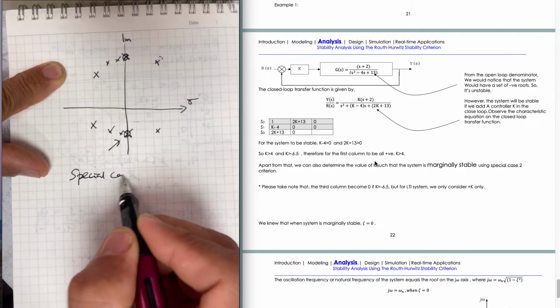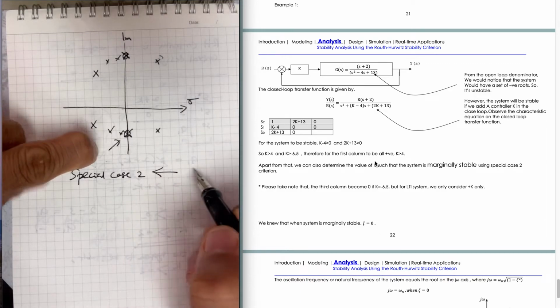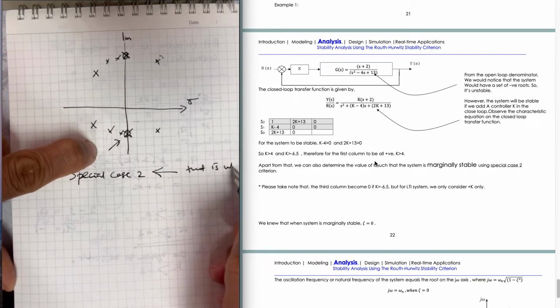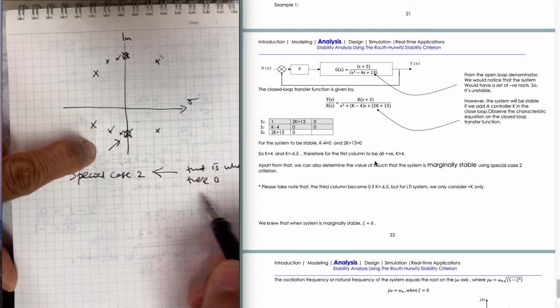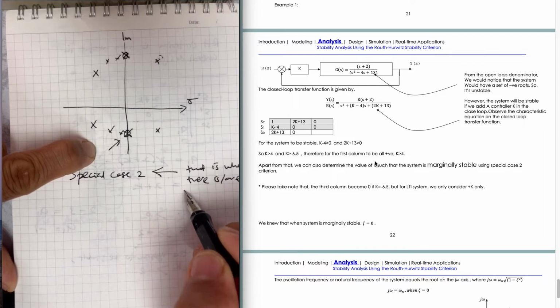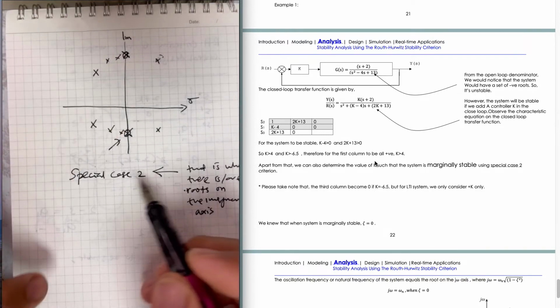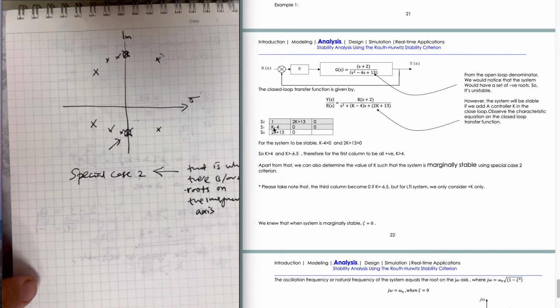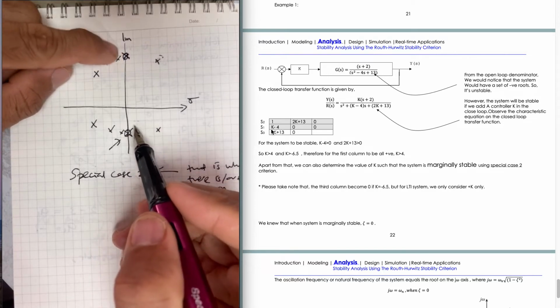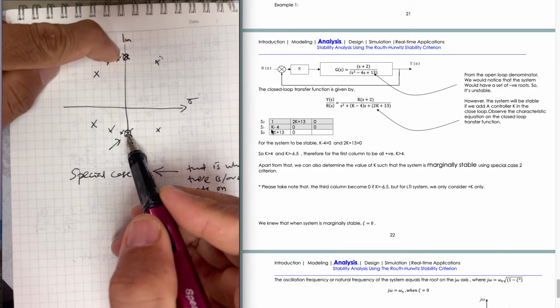Remember special case 2: when there are roots on the imaginary axis, this row must be 0. To make this row 0 will fulfill special case 2, and then we know that at that particular k, the roots of the system are on the imaginary axis.